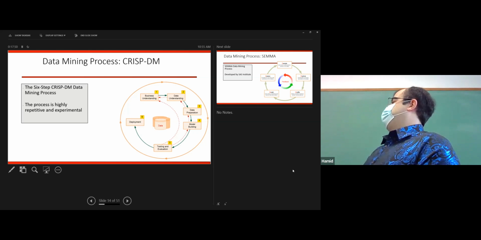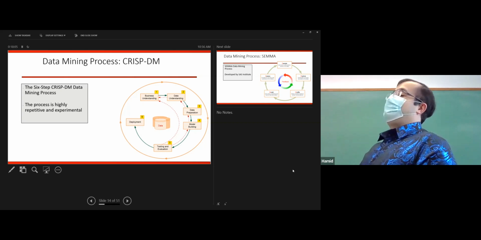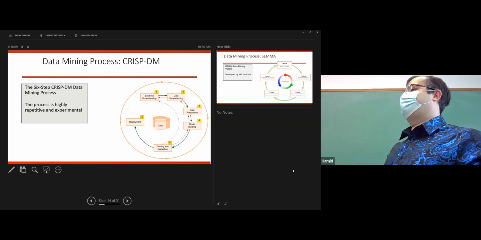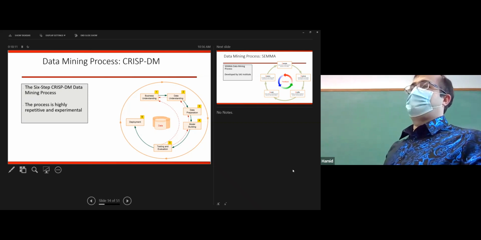Before deployment, you should have good confidence about your model strength. So let's say my accuracy is 50%. I spend a lot of time, I made a model that can predict the price of Bitcoin with 50% chance. So do you use that model for trading?